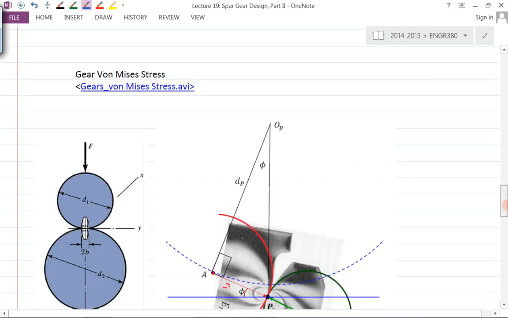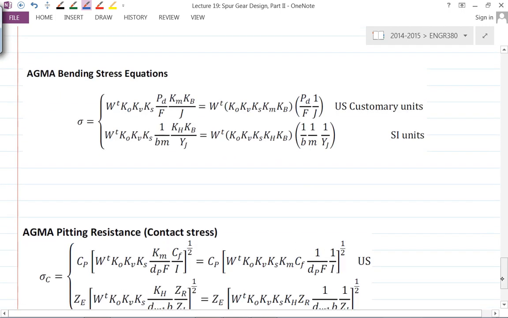As a matter of fact, as I'm going to show you later, there are many things that will be applied to the factor here. This is more than what we saw in terms of the endurance limit. For the bending stress, we're going to apply at least 5 of them. One of them is the Kv that I just showed you.